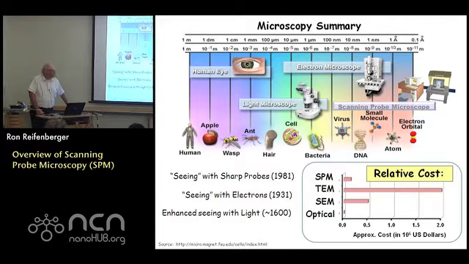The top end transmission electron microscope can cost upwards of $2 million, right? And there's only a few of those that are available, and usually they're available in a centralized lab where you have to take a class, and you have to go through a technician who actually uses the instrument for you.